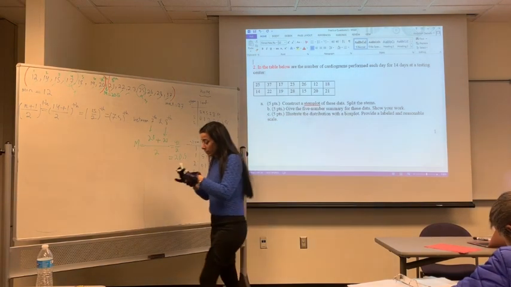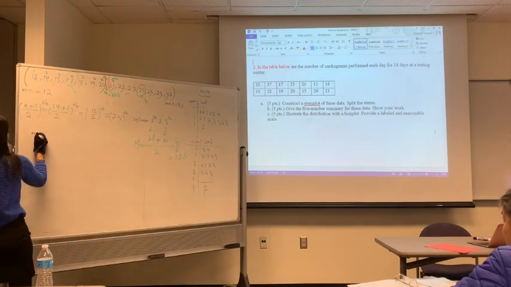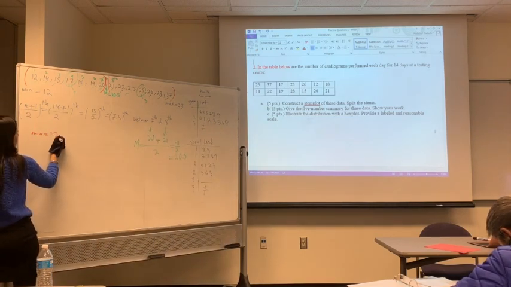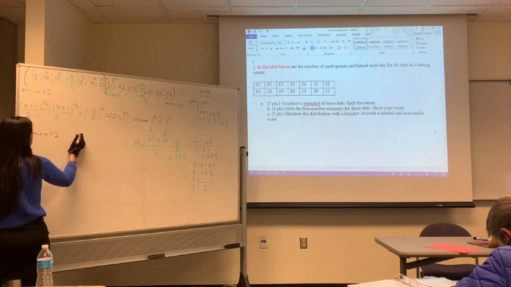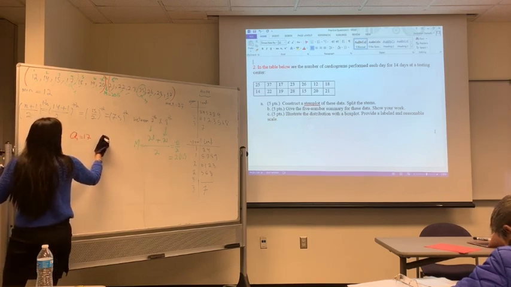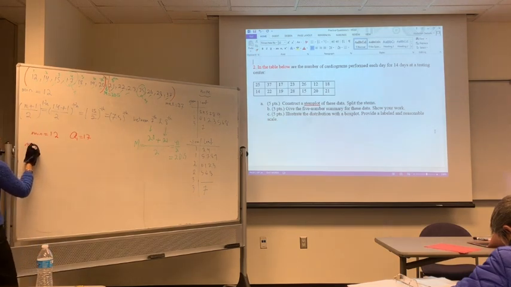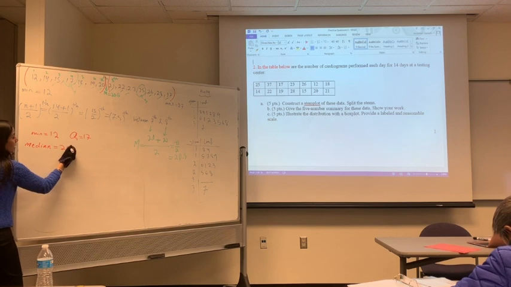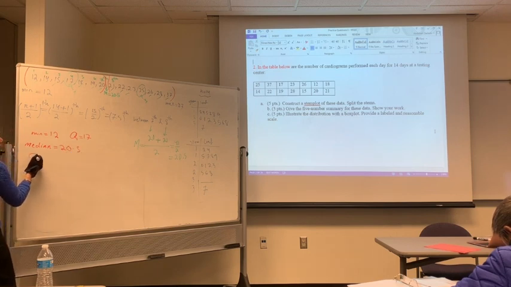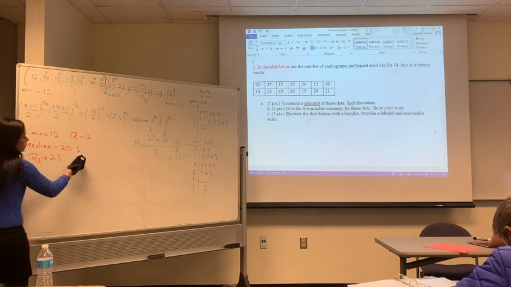So the 5-number summary is: minimum 12, Q1 17, median 20.5, Q3 25, maximum 37.